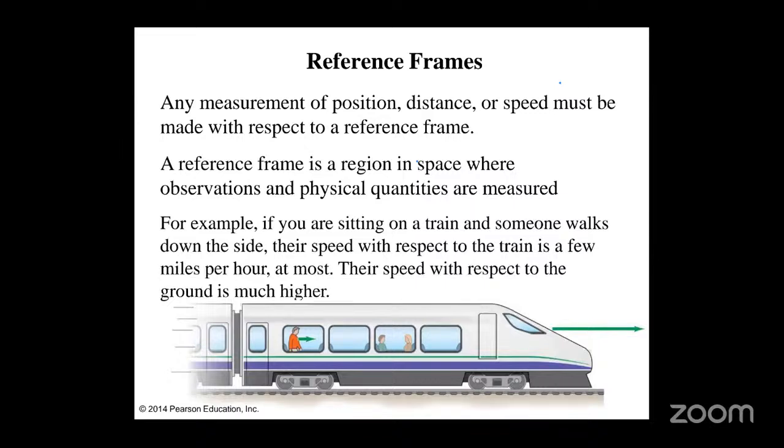For example, if you are sitting on a train and someone walks down the side, their speed with respect to the train is a few miles per hour at most. So if you have experienced this before, maybe you are seated in a car and people are standing by the roadside and then the car is moving away.